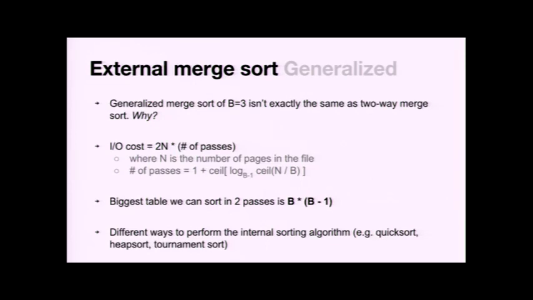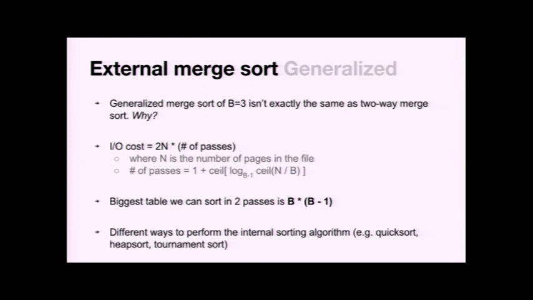On pass 0 of our external merge sort, we created sorted runs. And the size of these runs is going to be determined by how much data we can fit in our memory at any point. So if our memory is B pages big, we can fit B pages of data in memory, and so we can sort B pages at a time.